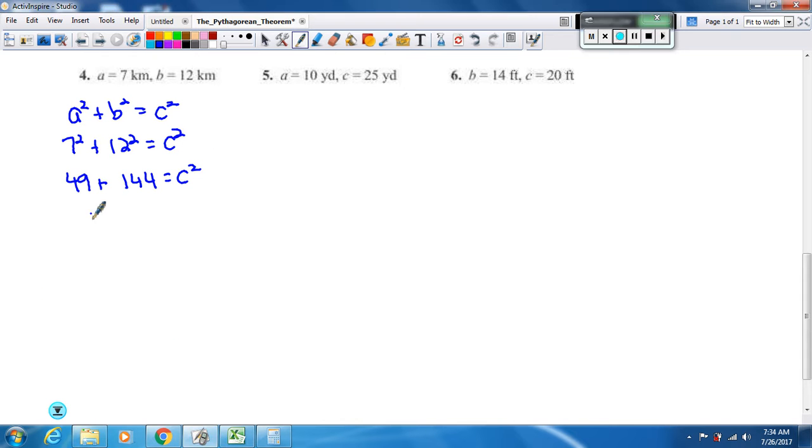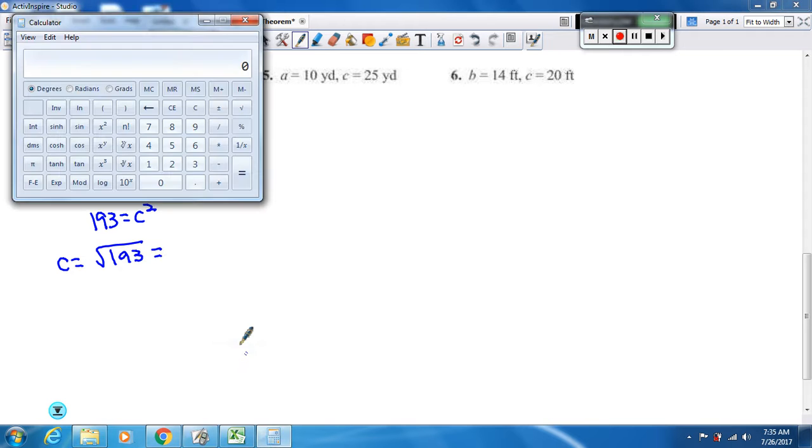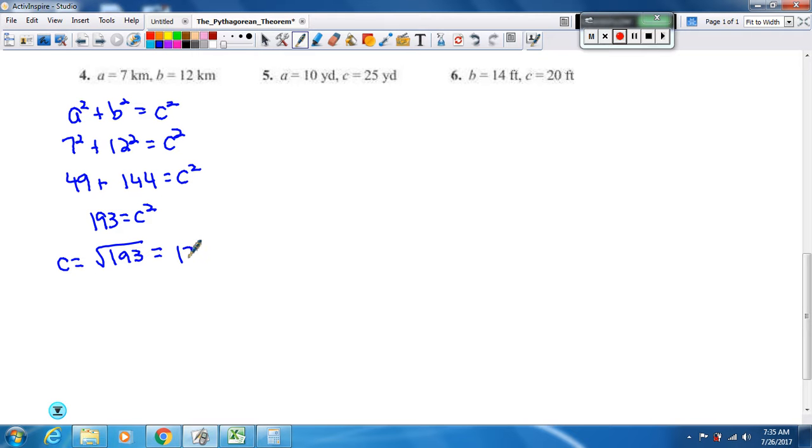Okay, so that's 193 equals C squared. So C equals the square root of 193, which is 13.9 if you round it properly. Kilometers for that one.